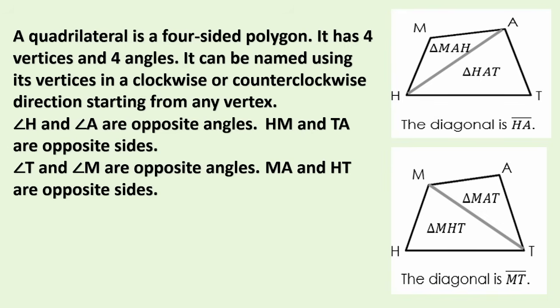It can be named using its vertices in a counterclockwise direction, starting from any vertex. Angle H and angle E are opposite angles. Line HM and line TA are opposite sides. Angle T and angle M are opposite angles, and line MA and HT are opposite sides.